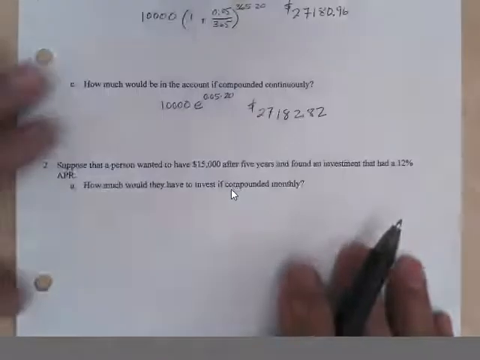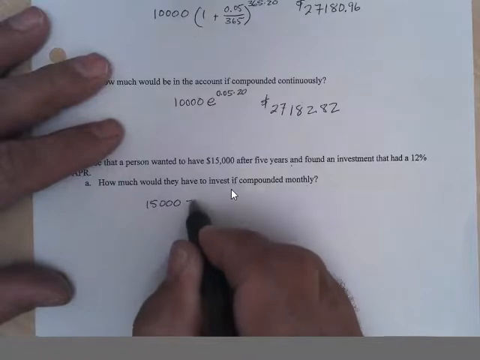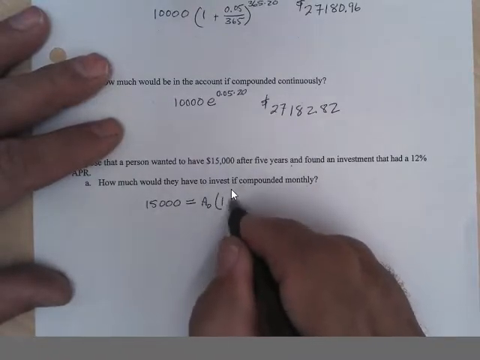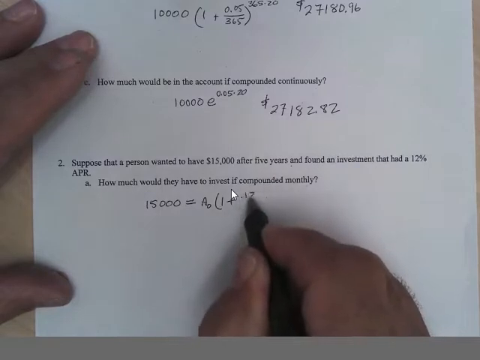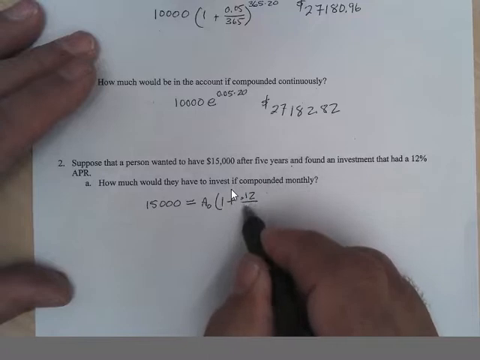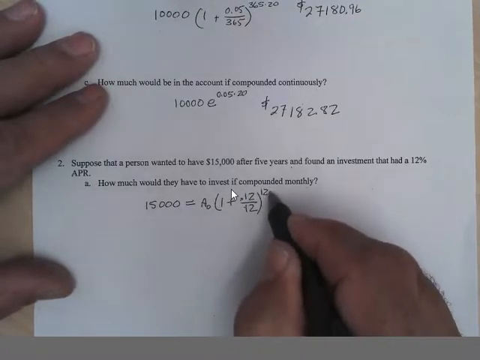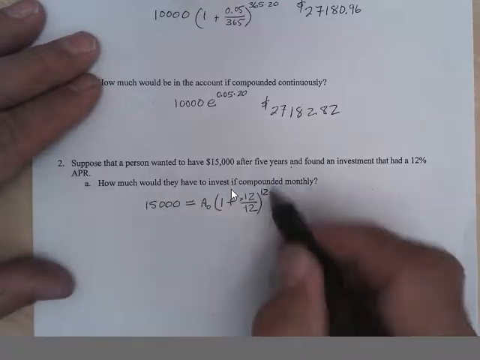So we have ending with 15,000, starting with don't know, 1 plus 12%, so 0.12, that percentage in decimal, compounded monthly, so 12 times a year, to the 12 times how many years? In 5 years.